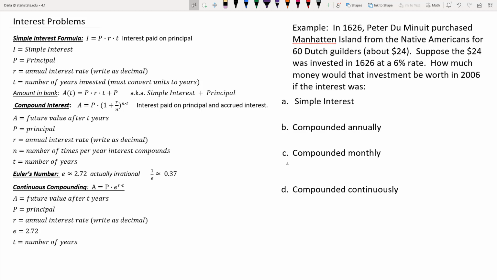When we talk about simple interest, your simple interest is equivalent to your principal times your interest rate times your number of time in years. Your compound interest is your principal times 1 plus your rate over the number of times you compound in a year, raised to the number of times you compound in a year times the number of years.